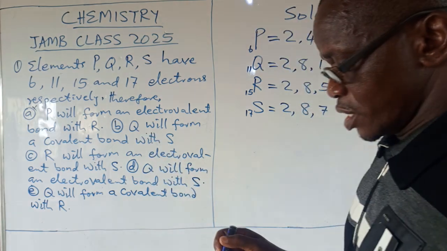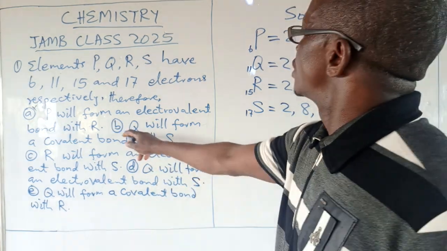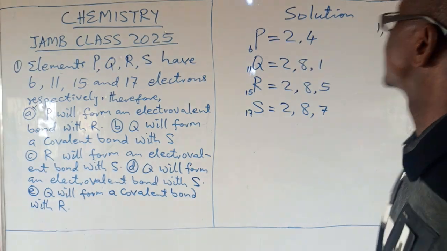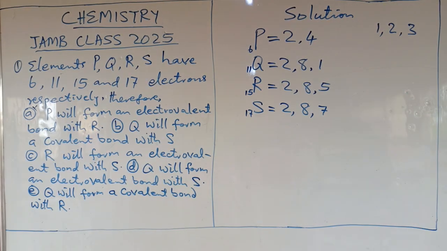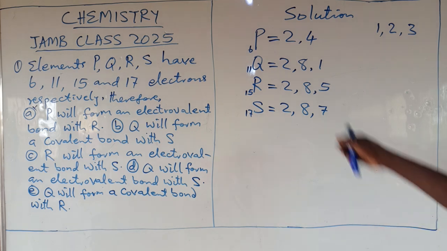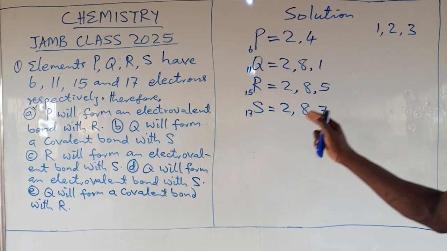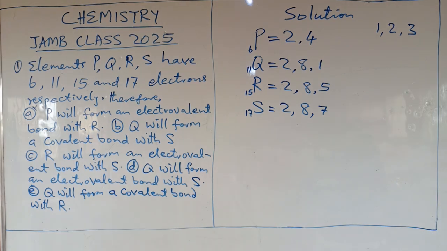Option B: Q will form a covalent bond with S. Q has 1 electron, so it will undergo electrovalent bonding by giving out.